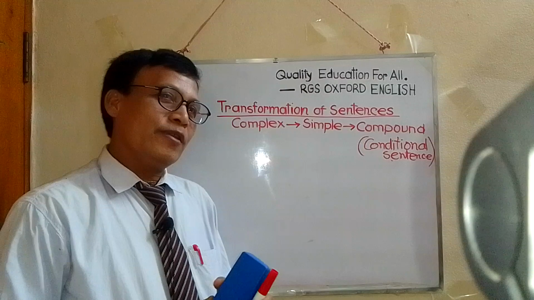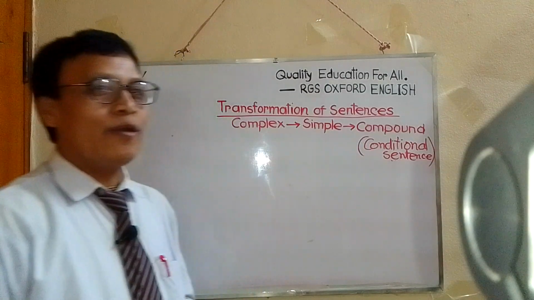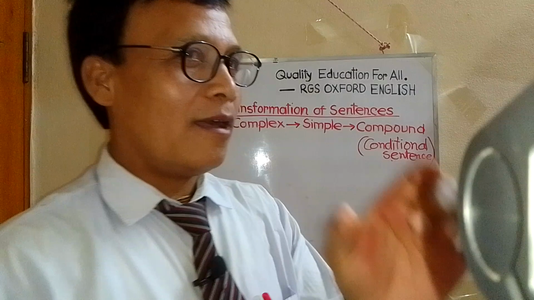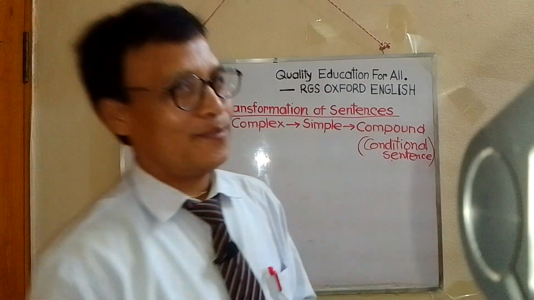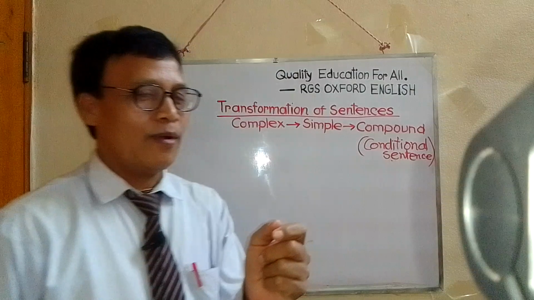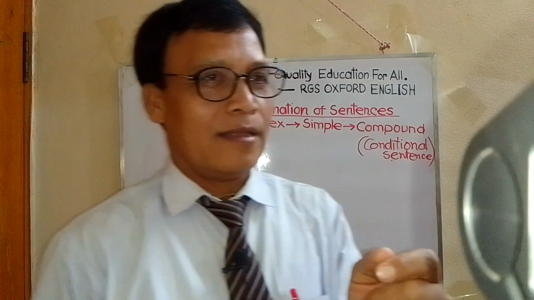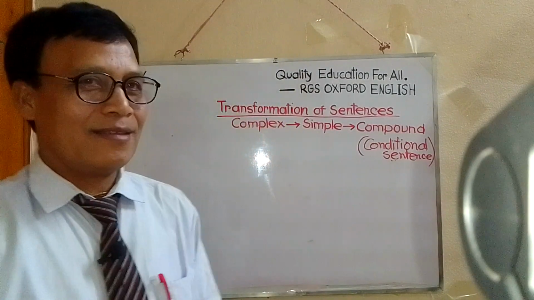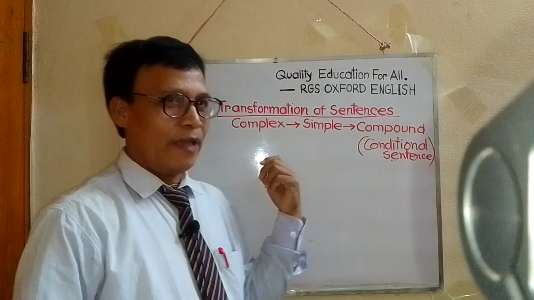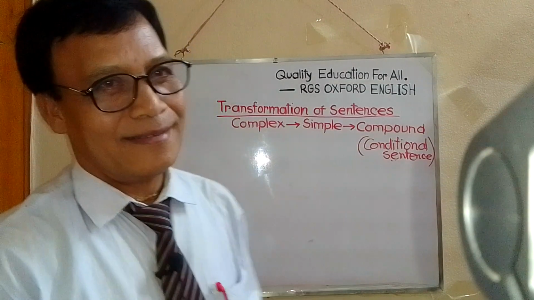I'm again here with you to show you some easy tips about transformation of sentence. And it is very easy for you. If you use these tips, I do hope that you will be able to do that.